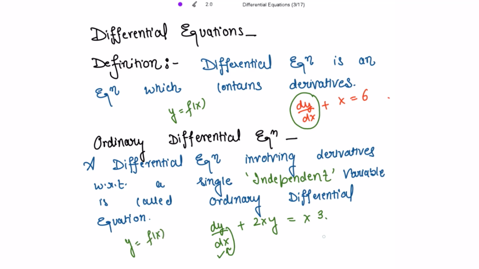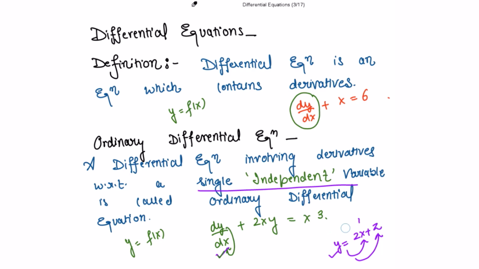Now suppose y is a function of x and z, that is y equals 2x plus z. Then we can differentiate y with respect to x and also with respect to z. An ordinary differential equation involves only a single independent variable, that is x.